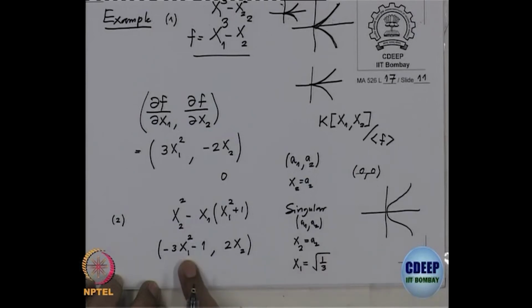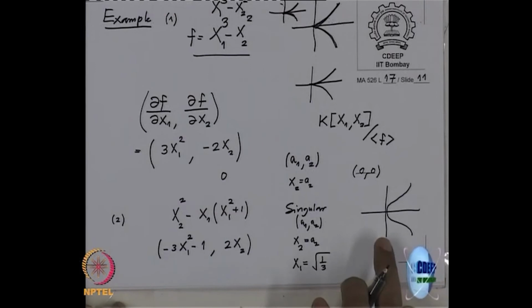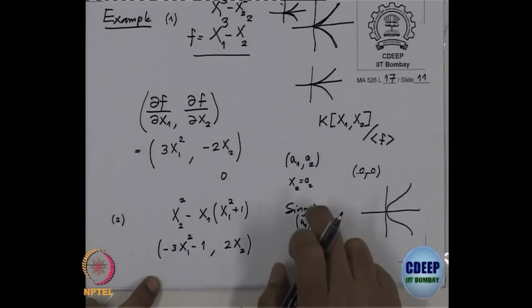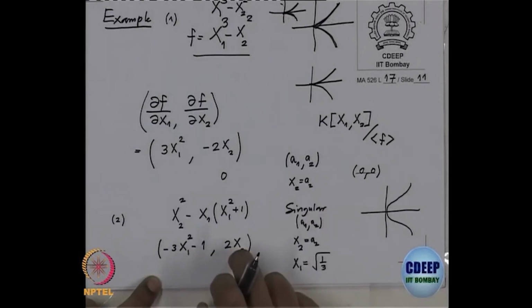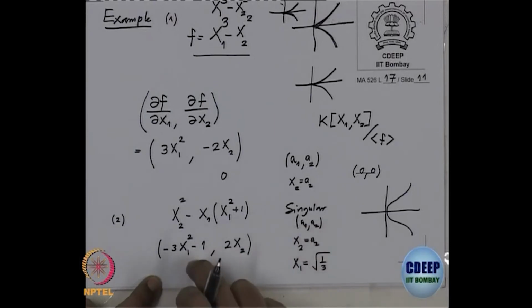If it is non-zero, it will be non-singular, because the rank will be 1 and it will therefore be non-singular by the criterion. So in order for this point to be singular, both of these should vanish at this point. At this point they vanish, means x2 is a2, and when I plug in x1 equal to a1, it should become 0.